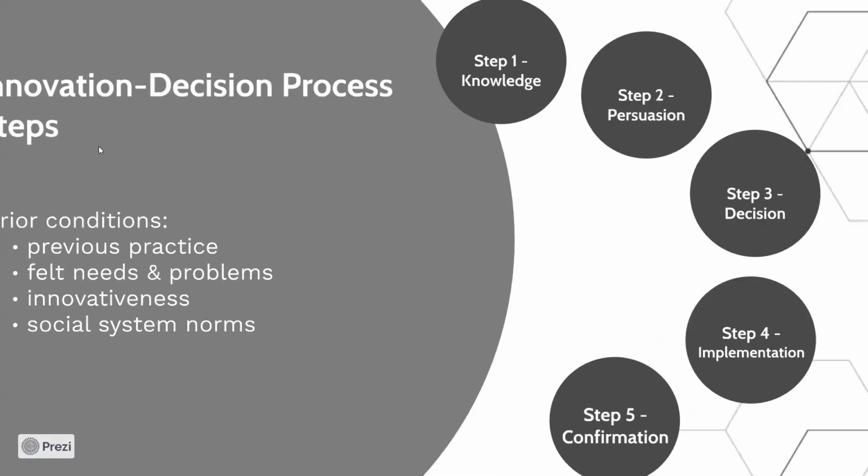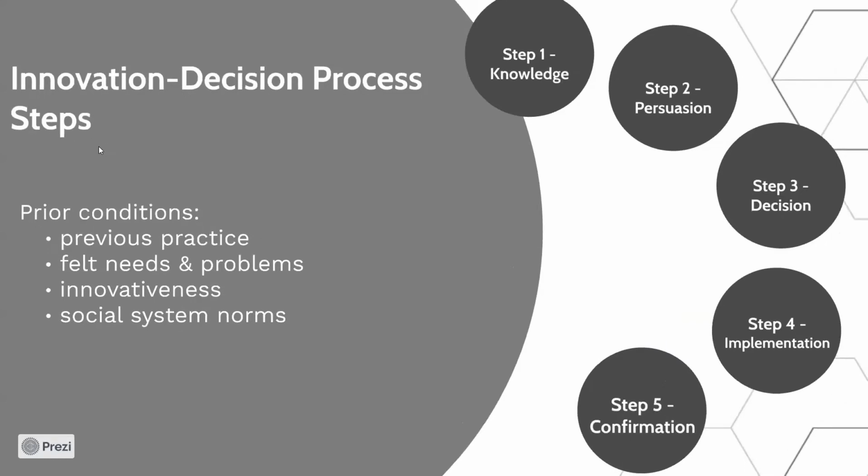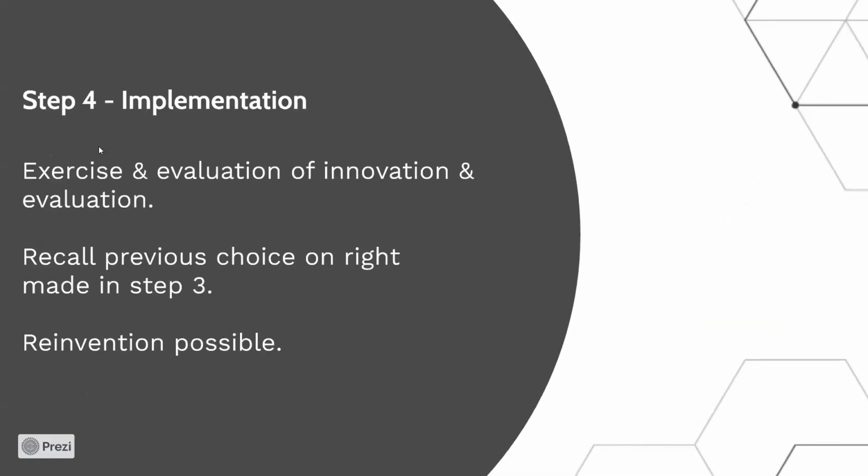After a person chooses to either adopt or reject an innovation, they move forward into step 4, the implementation step. In other words, exercising and evaluating the costs and benefits of the innovation. It's important to remember that this step is influenced by the action taken in step 3, the decision.